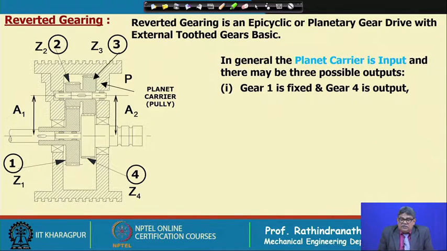First one is gear 1, that means, as I have already shown, marked by Z1, that will be fixed, and gear 4 is output, where input is the planet carrier cum the pulley, because the planet carrier is directly mounted on the pulley.